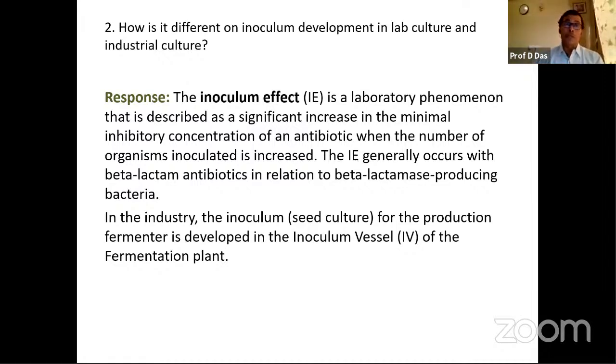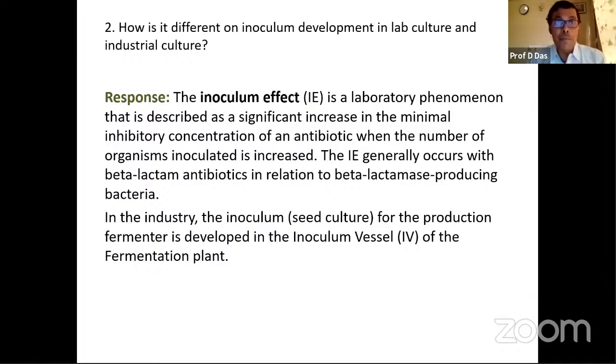Now the question comes, what happens at industrial scale? There we use live steam, and that helps maintain the sterility in the different sampling ports, the inoculum transfer line, and all these things. Since the inoculum volume is 5 to 10%, I work with a fermentation industry where citric acid is produced from cane molasses.